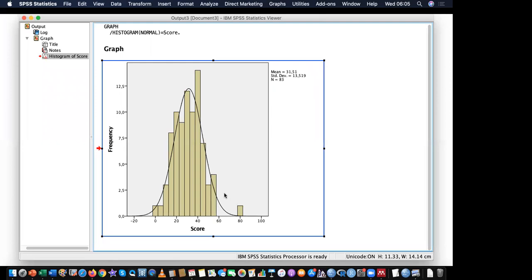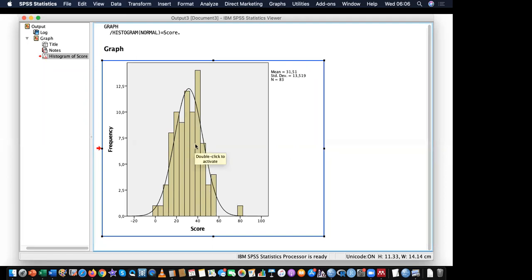But if I had more people with higher scores here, like some other students scoring 90, 100, or some students scoring more zeros, then this could be skewed data.